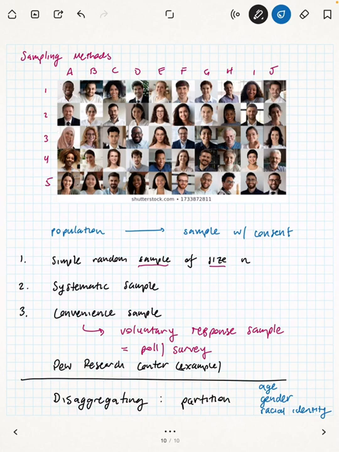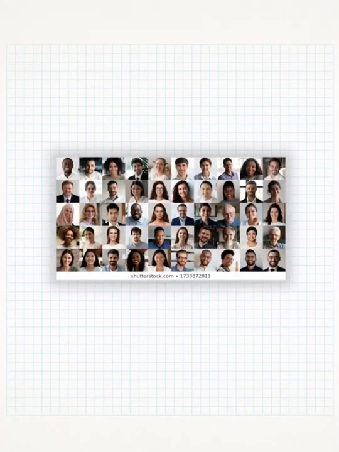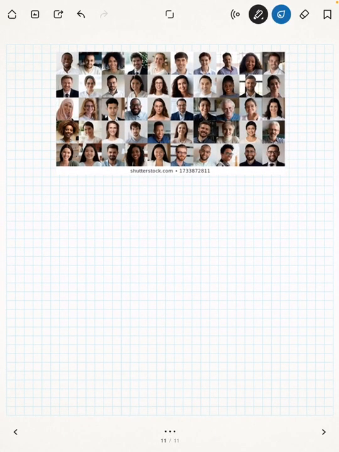So to illustrate those, I'm going to add these again. All right. And we have a couple new methods here that we're going to use. And I'll put the labels on again. But the idea is we're going to separate our population into these distinct groups. Everybody should fall into a different group, different category.